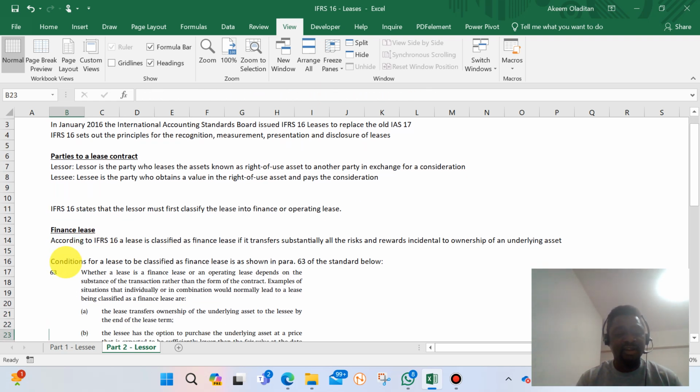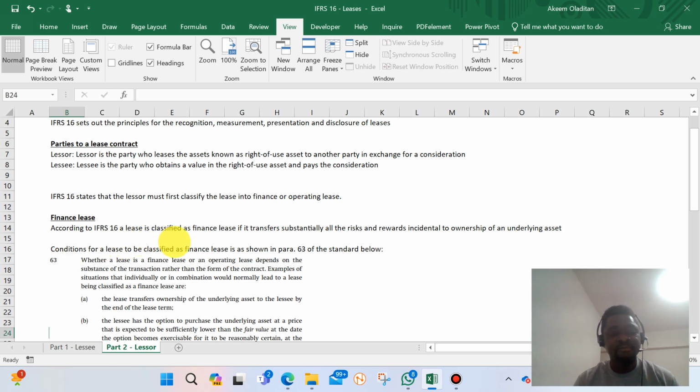According to IFRS 16, a finance lease is a lease that occurs where all risks and rewards incidental to ownership of the underlying asset are transferred to the lessee by the end of the lease term.